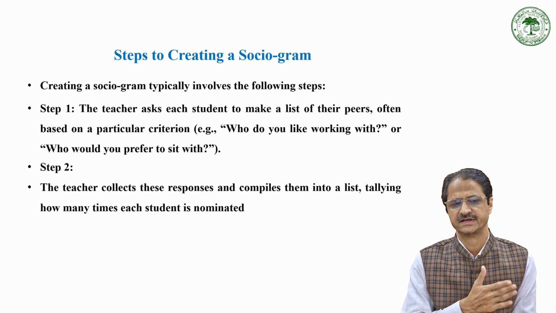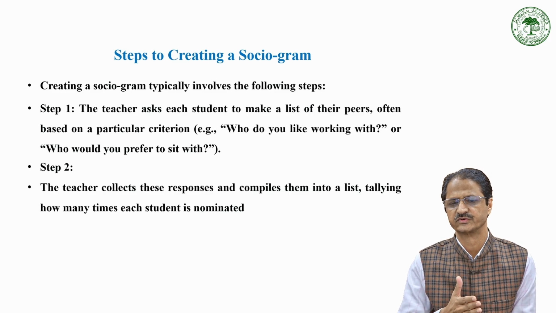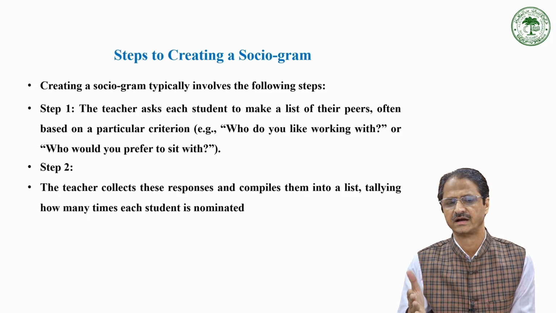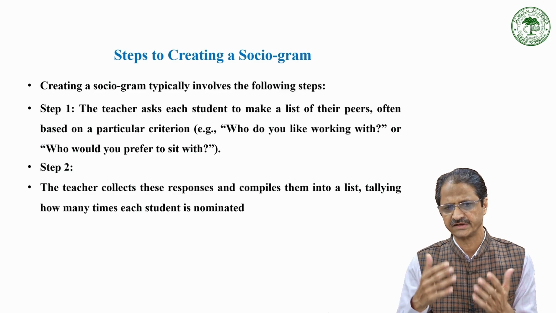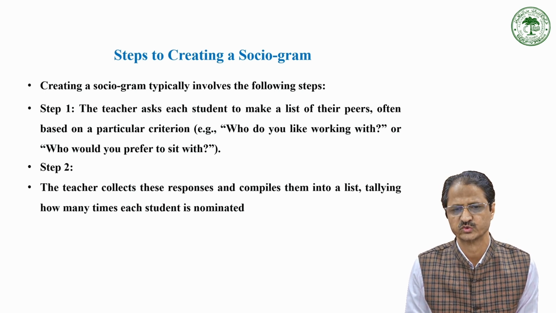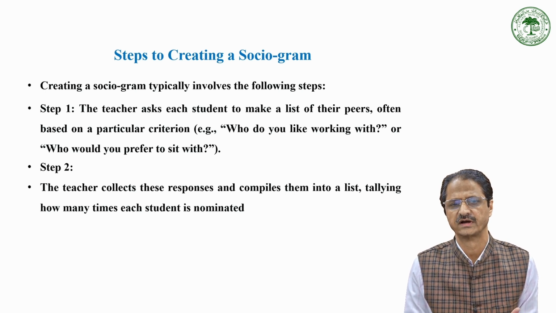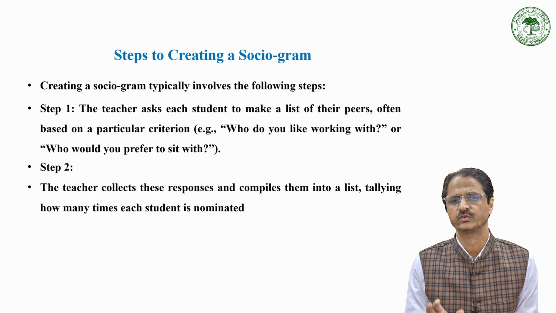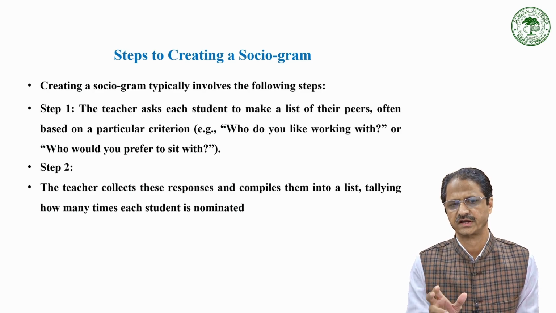In the second step, the teacher collects these responses and compiles them into a list telling how many times each student is nominated. Take for example, if this question is asked, with whom would you like to work on a project, and you ask the students to give the names of 2 or 3 persons in the classroom.